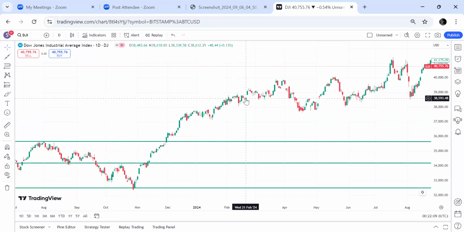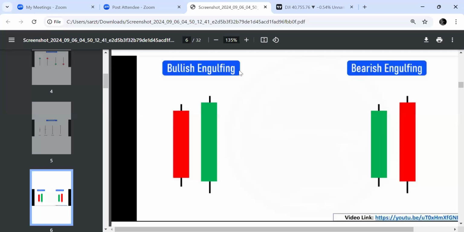And when the price is increasing and a candlestick forms, it indicates bearishness. So we start. In double candlesticks, the first concept is the bullish engulfing pattern and the bearish engulfing pattern.